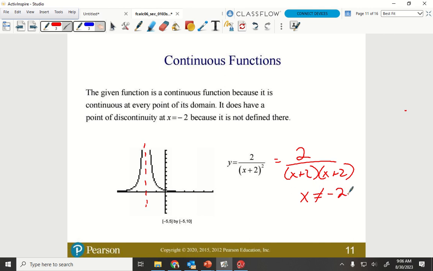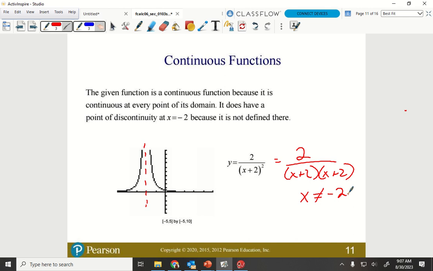And in this case, I cannot remove it. I can't cancel it out like I've done before. That's going to be my asymptote. So it is going to be undefined.